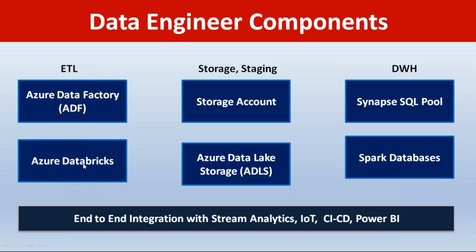It's Microsoft flavor called Azure Databricks. Databricks.com is open source. From there we have AWS Databricks, Azure Databricks, Google Cloud GCP Databricks, etc. We are into the Azure flavor of Databricks. And we have data warehouse, Synapse, Microsoft flavor, Microsoft warehouse component, or Spark database open source warehouse.